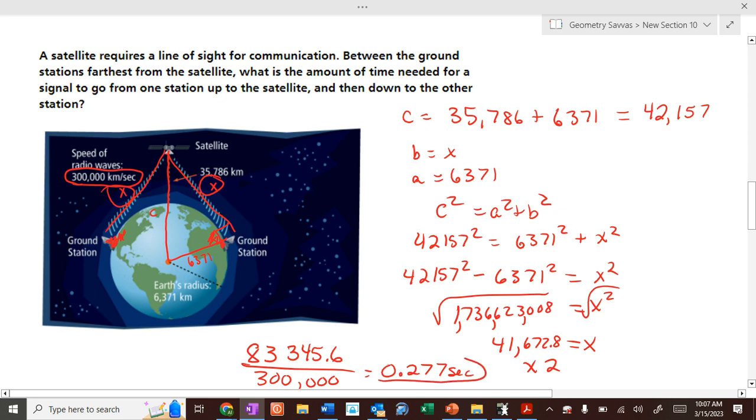So just over a quarter of a second for your voice to go from this satellite dish to this satellite back to this satellite dish. Okay? So not too long. I've talked to somebody from Europe before on the phone, and it's not too big of a delay.